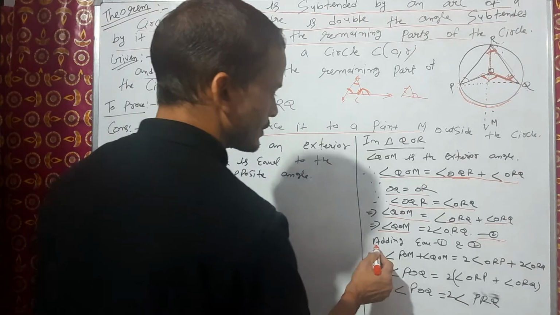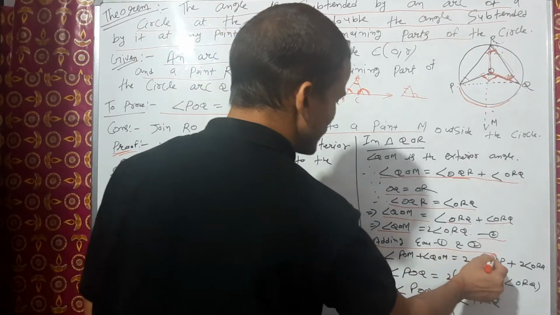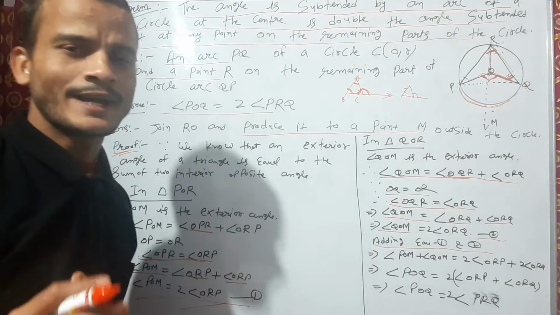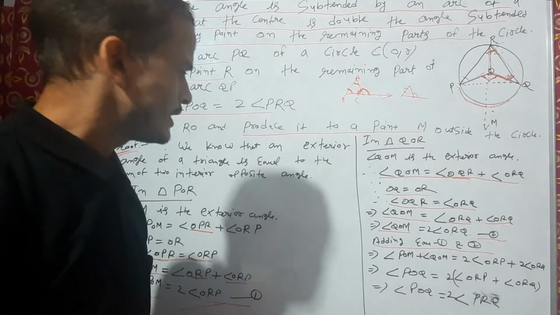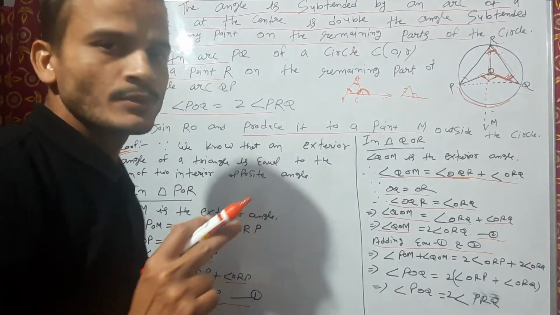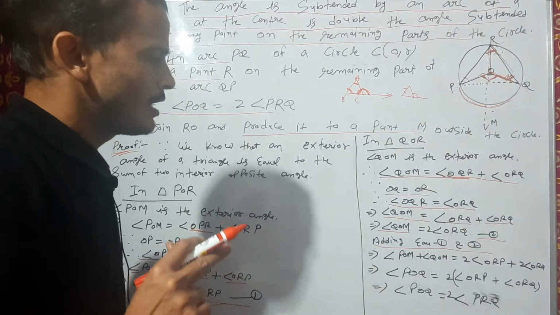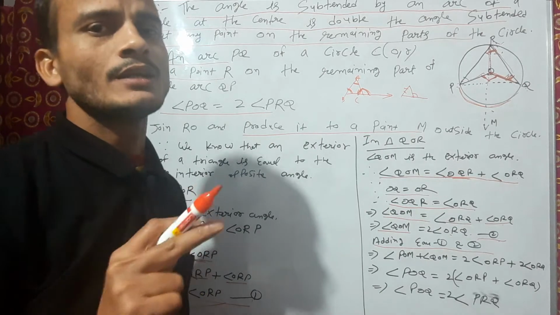Adding equation 1 and 2. When we add the equations, we add the LHS of one equation to the LHS of the other, and the RHS of one equation to the RHS of the other.